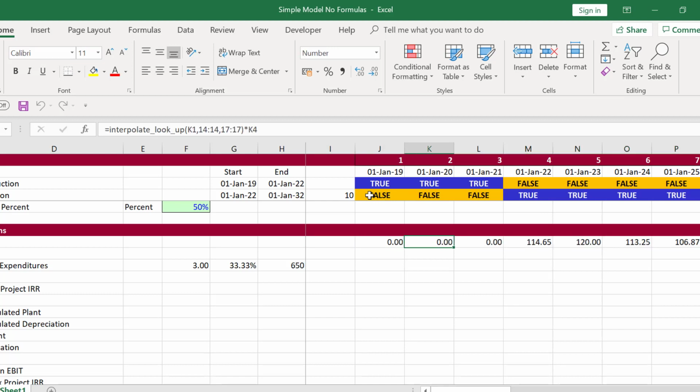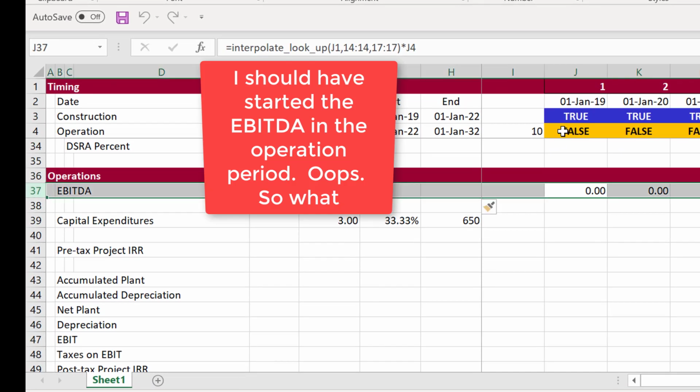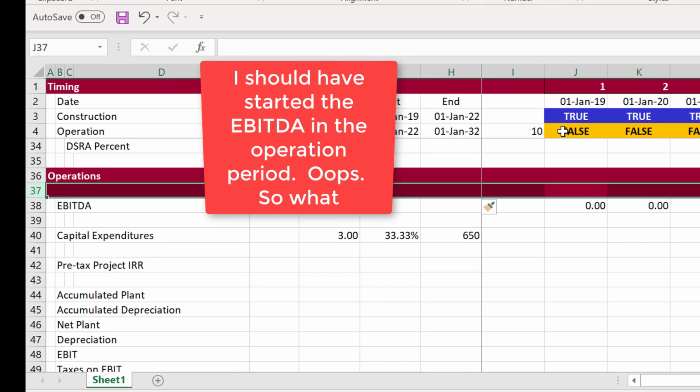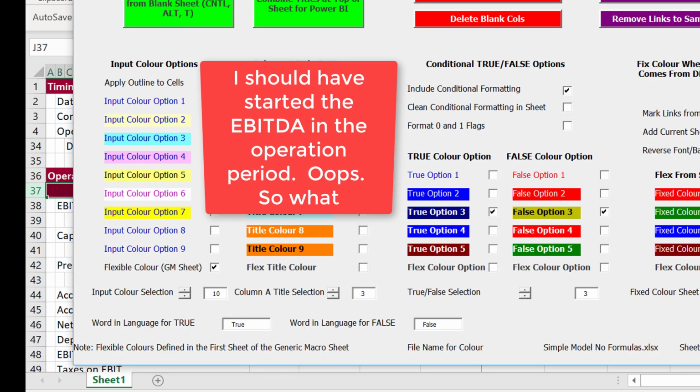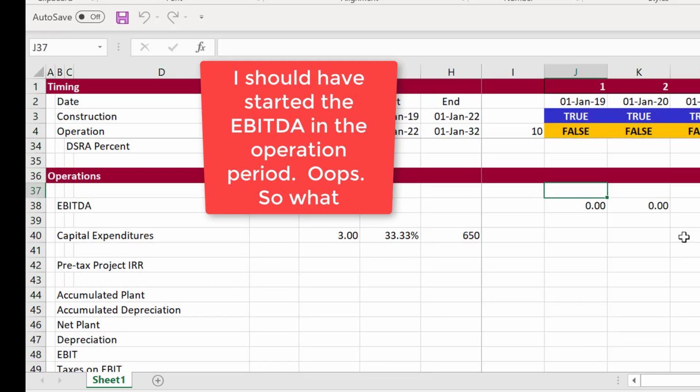So I didn't. Perhaps I should do this, and I hate this when it does this. Control-Alt-C just to be lazy, and color the sheet. And maybe I should just put it equal this plus the operation switch. Okay.